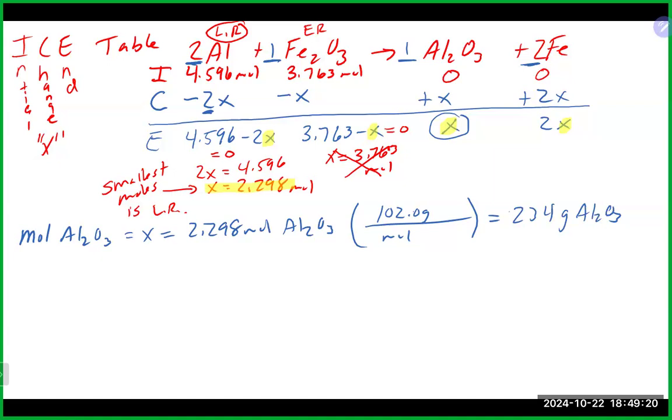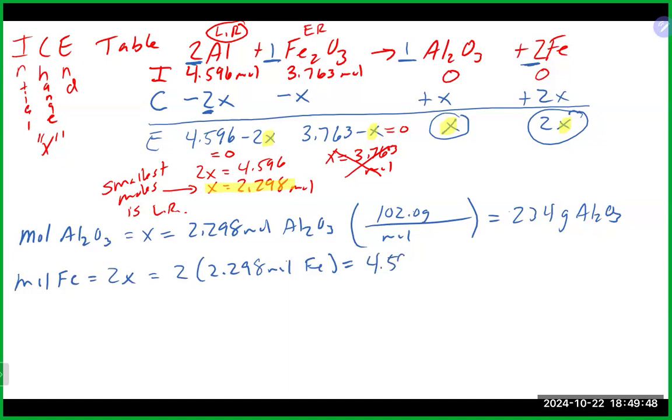We also know very quickly, if I wanted to know how much of the other product I produced, I could see that the moles of iron based on the end line is 2x. So I take 2 times my value of x, which will give me 2 times 2.298, 4.596 moles of iron.